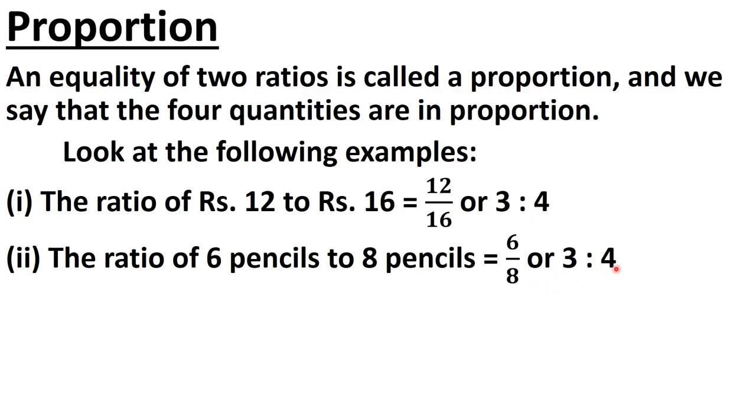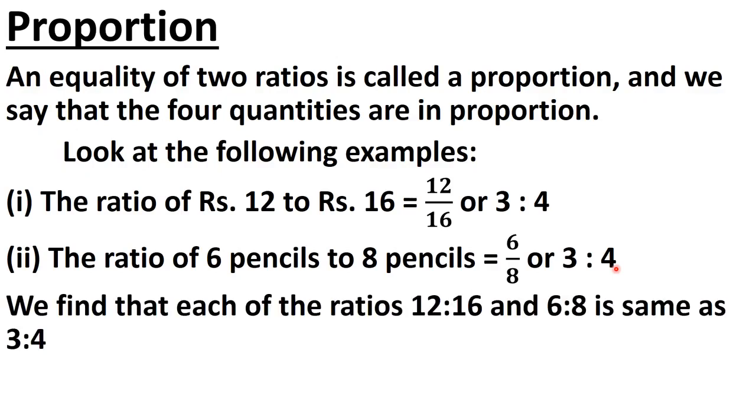In the first, we have found the ratio of rupees 12 and rupees 16. And in the second, we found the ratio of 6 pencils and 8 pencils. We find that each of the ratios 12:16 and 6:8 is the same as 3:4.